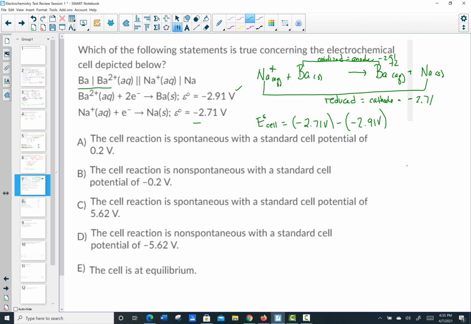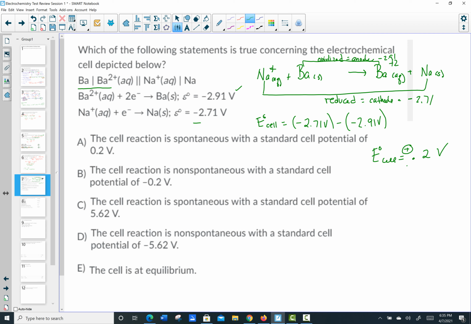Punch that in with me on the calculator and see what we find. The value of negative 2.71 minus a negative value of 2.91. And my screen says positive 0.2. Just put that as a positive sign to see.